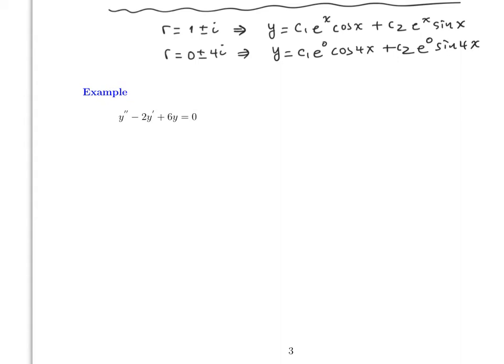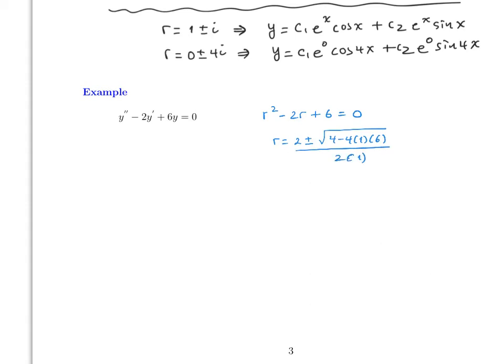So from here, the characteristic equation will be r squared minus 2r plus 6 equals 0. Now you cannot factor this, so you have to use the quadratic formula. So r will be equal to 2 plus or minus the square root of 4 minus 4ac, divided by 2a.